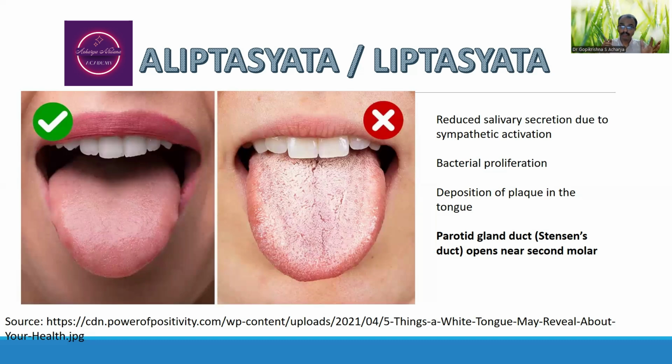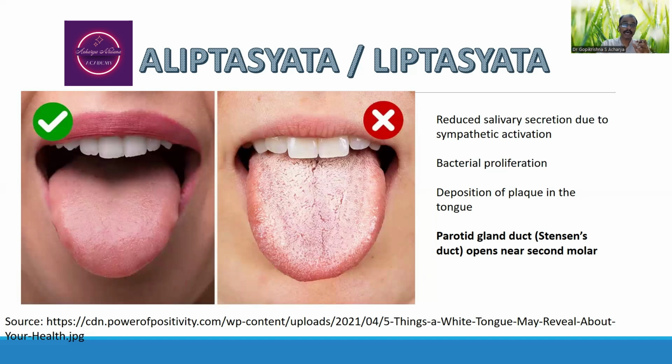Because of that, the person may develop parotid swelling. In Ayurveda, those suffering from Sannipata Jwara may develop Karanamula Shota, which is one of the Upadrava mentioned for Sannipata Jwara.